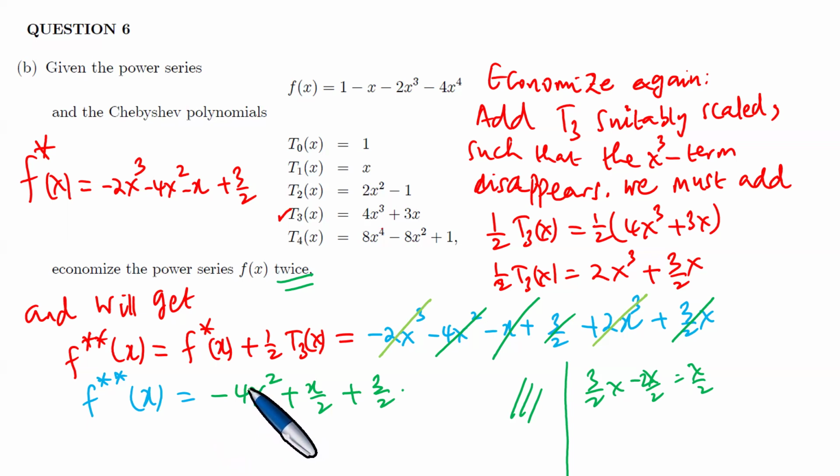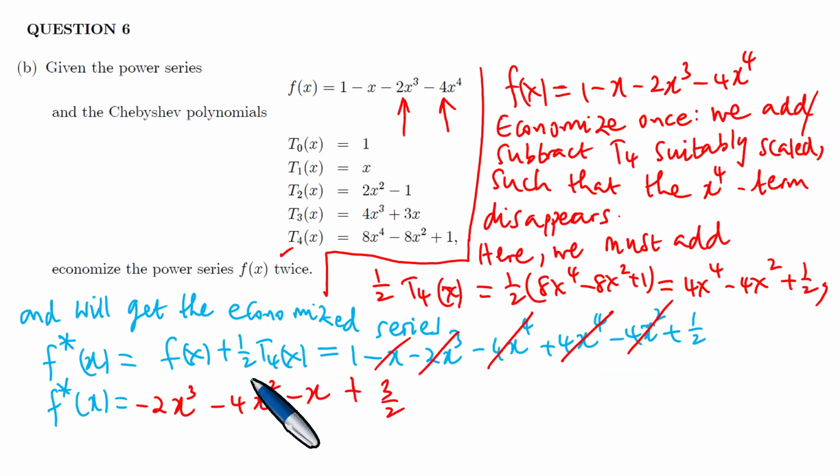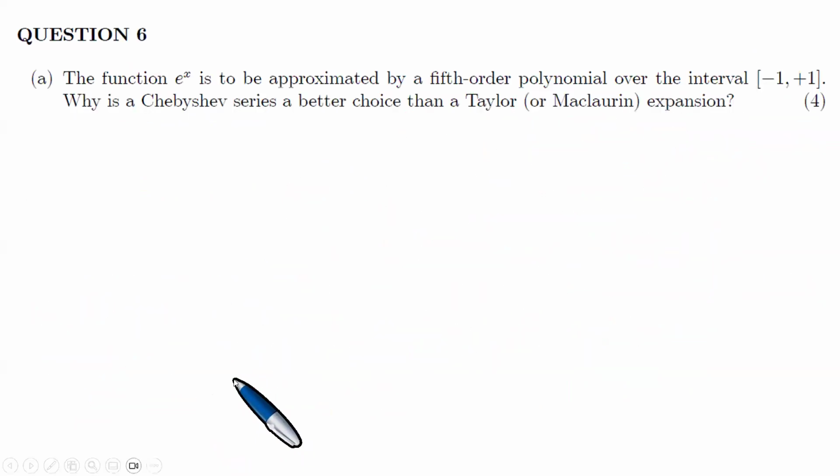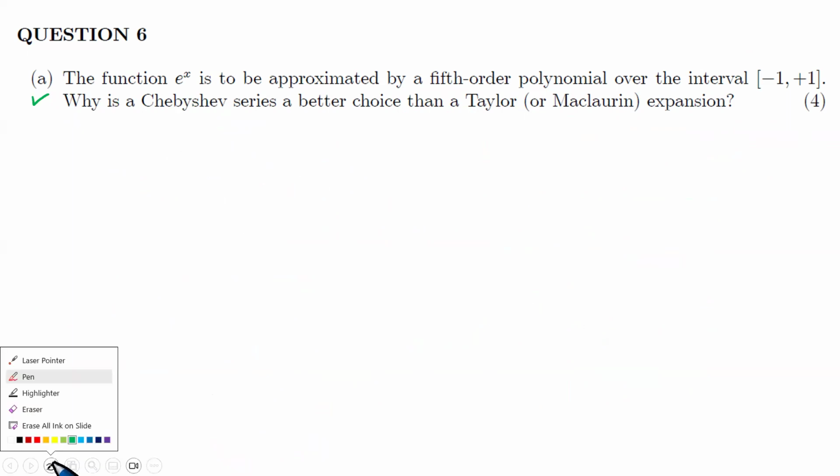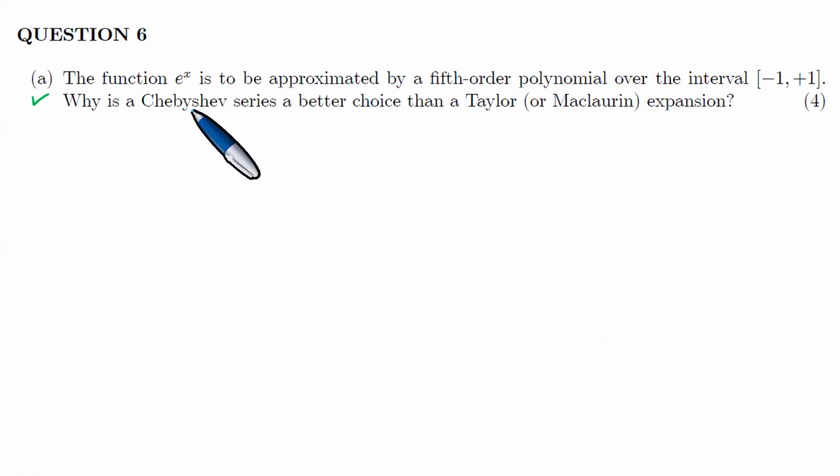But now we need to answer the next question. The function e to the power x is to be approximated by a 5th order polynomial over the interval from minus 1 to 1.